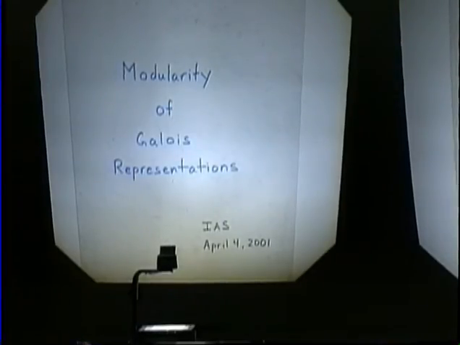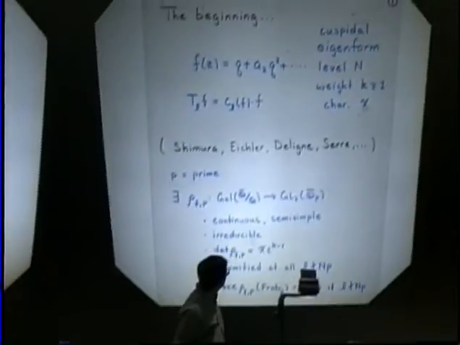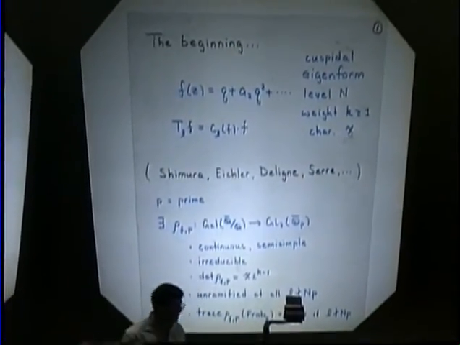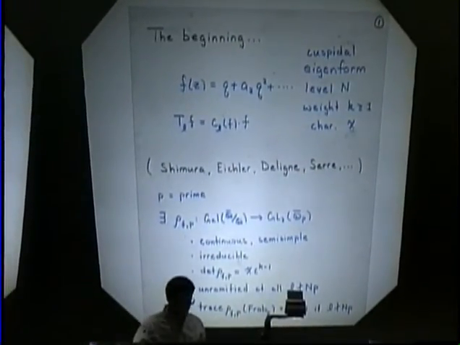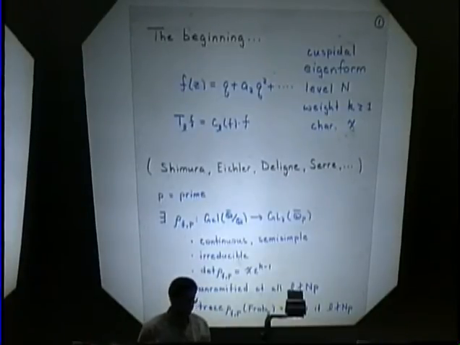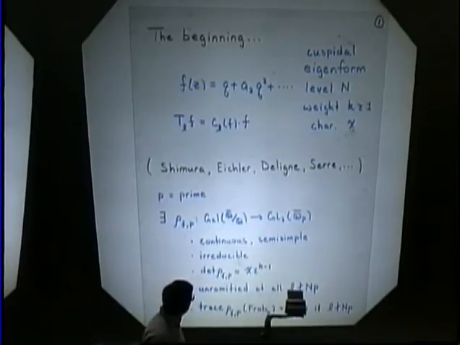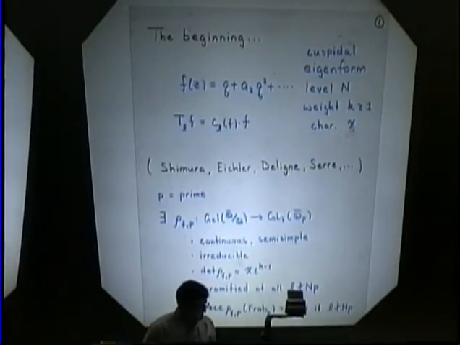So all talks have to have a beginning. And the beginning of this one starts with a modular form F, which we'll assume to be a classical holomorphic cuspidal eigenform, of level N, some integer N, with integral weight k and a character chi.